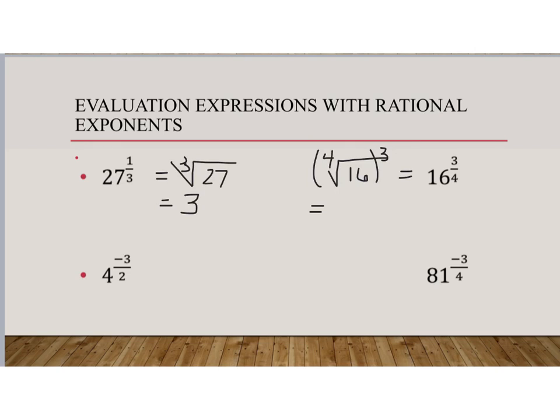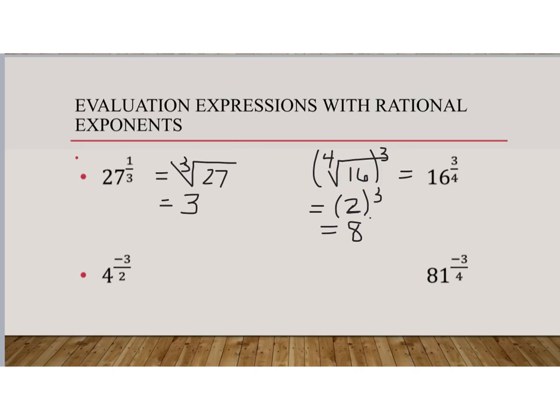So the 4th root of 16 is 2. And then 2 to the 3rd power is 8. Okay, you could technically take 16 to the 3rd power and then take the 4th root of that. But again, none of us are going to know what 16 to the 3rd power is mentally.